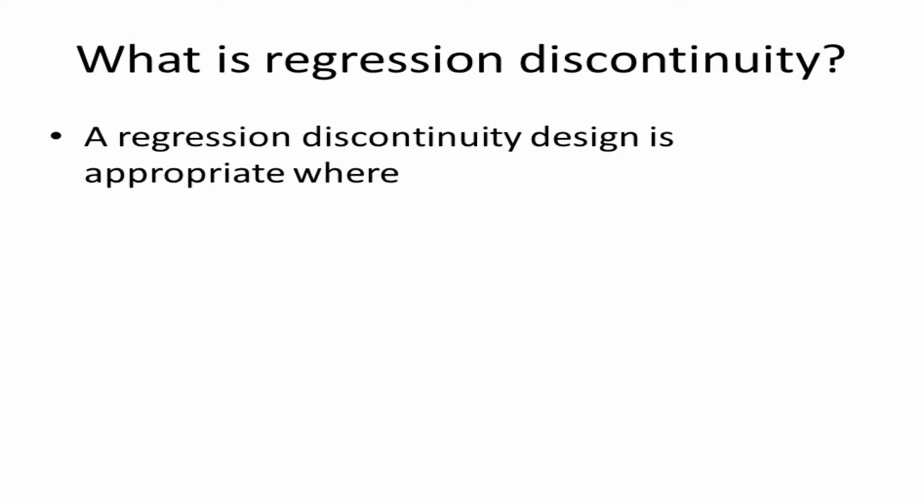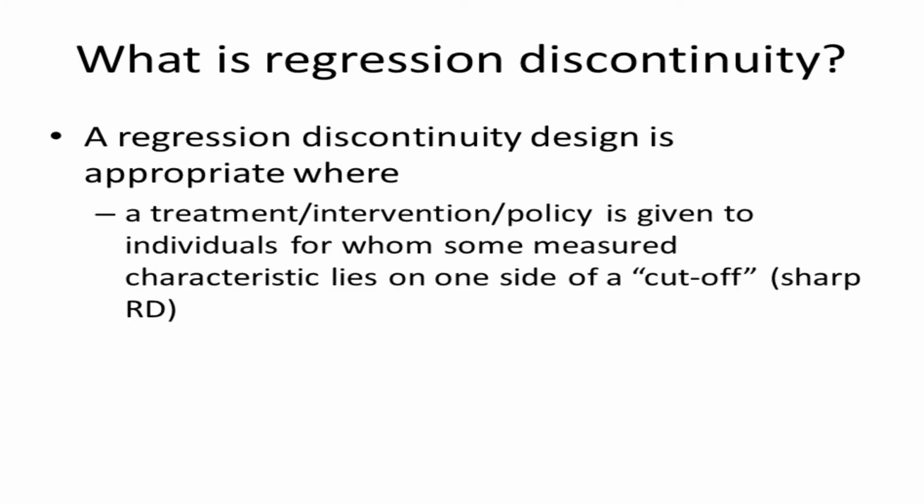All right, so when is it appropriate? When might you be able to use a regression discontinuity? Well, this is a little bit formal. What we're thinking about is an instance where there is some kind of treatment, to use the medical term, or some kind of policy intervention, which is given to some people and not to others.